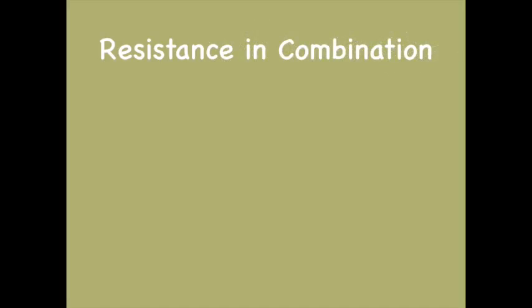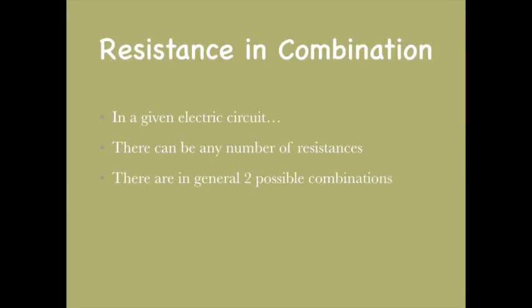Now let's move on to resistance in combination. So if we have any given electric circuit, there can be any number of resistances, and in general there are two possible combinations. They are series and the other one is parallel.